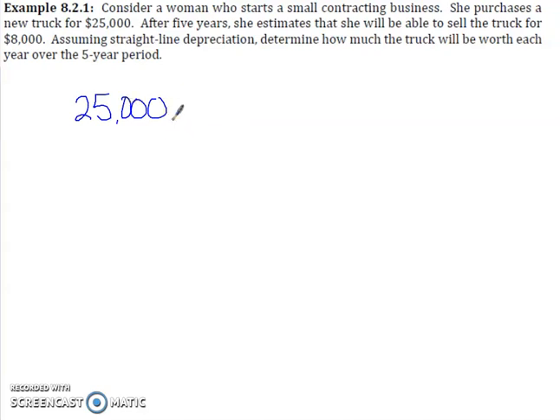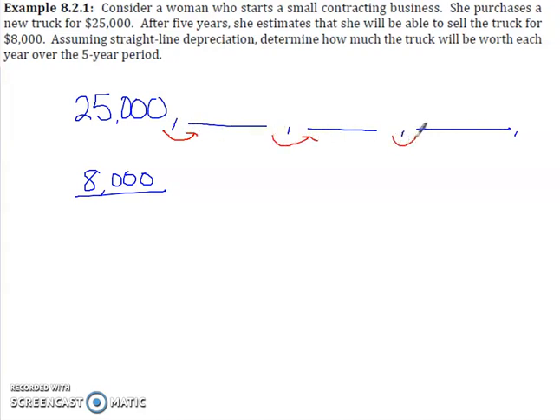So I've got $25,000. That's my first year, year 1. Year 2 is going to be worth a certain value, year 3 worth a certain value, year 4 worth a certain value, and then year 5 it's going to be worth $8,000. So we are adding a common difference, or the same number, each time in my list.